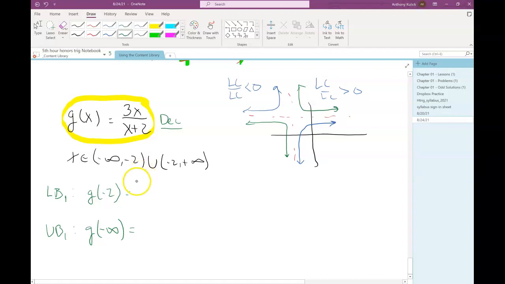Okay, so if I do g of negative 2, and just plug in negative 2, that's negative 6 over 0. Uh-oh, is that a problem? Not really.